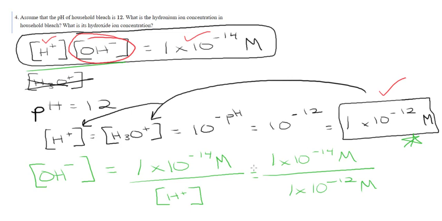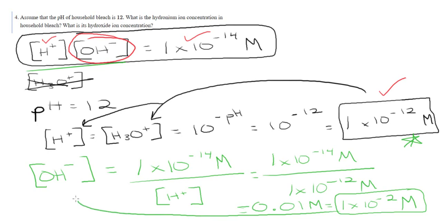And my answer, if I can fit that in here, is 0.01 molar, which is the same thing as 1 times 10 to the negative second molar. So that is the hydroxide ion concentration.